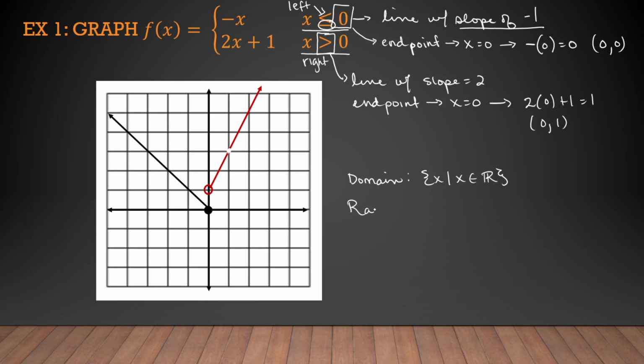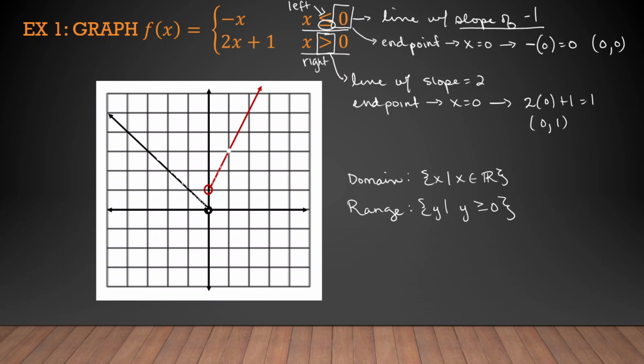Its range is going to be the y values that are greater than or equal to 0, because I have to go from this bottom point, and it goes up. Notice it does catch everything between 0 and 1, and then everything above 1 on both lines. So it's getting everything above 0 and including 0.